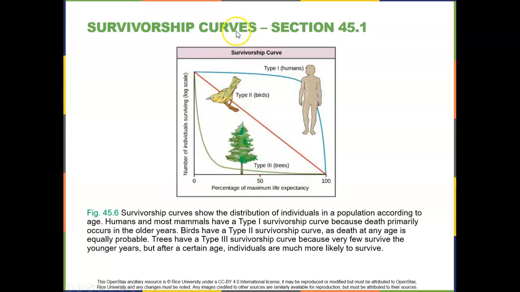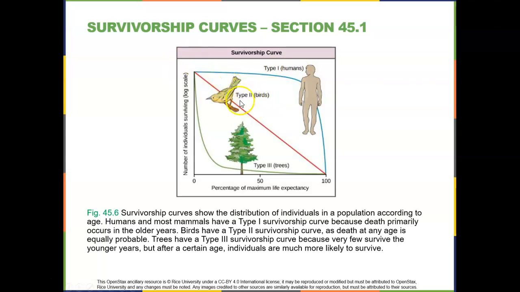So in this particular graph, which is called a survivorship curve, we see that there are three curves. There's this blue one, which represents survivorship type 1, and an example of that would be humans or primates.